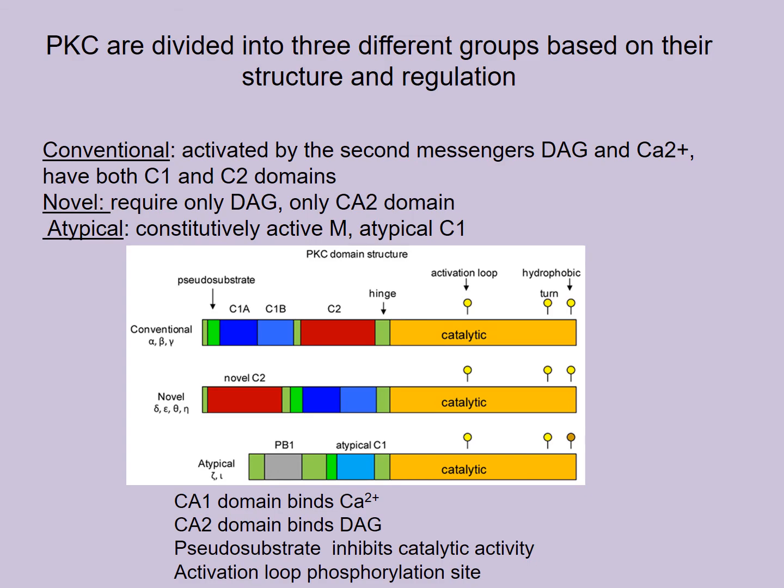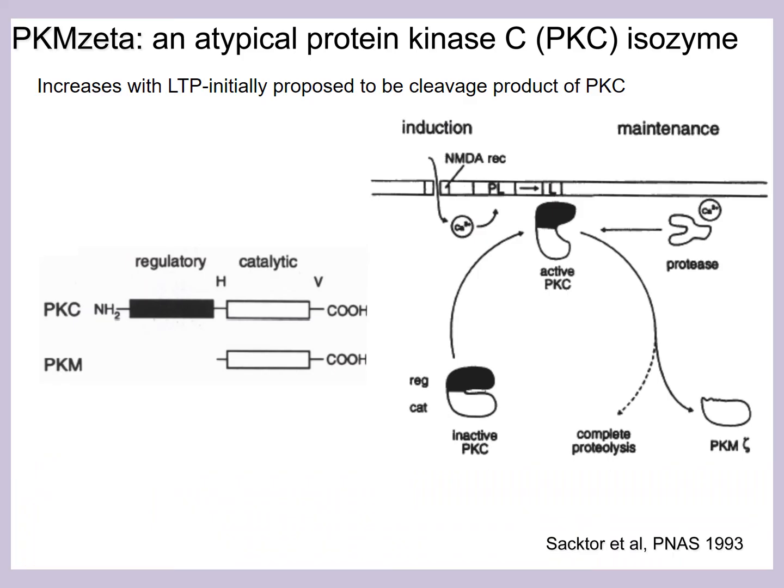A typical kinase. So the way that PKC was thought to maintain its activity despite the end of the signaling was through PKM zeta formation. So PKM zeta was thought to be formed by proteolysis of active PKC, so with a significant amount of signaling or high frequency stimuli, there would be a protease that's going to cut PKC, remove the regulatory subunits, and allow just the catalytic subunits, which would then be PKM zeta.